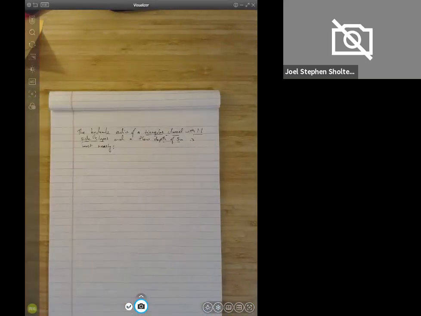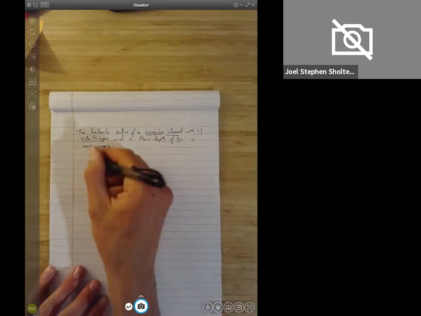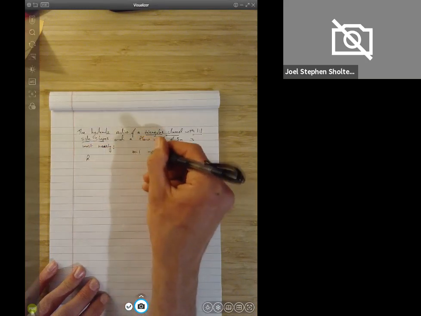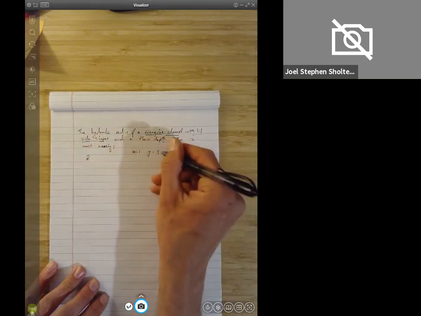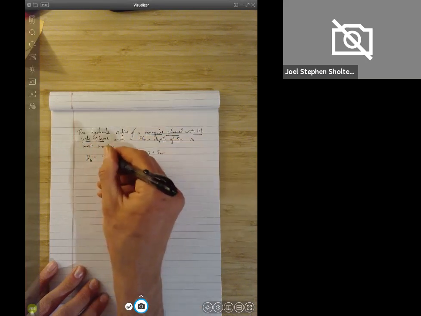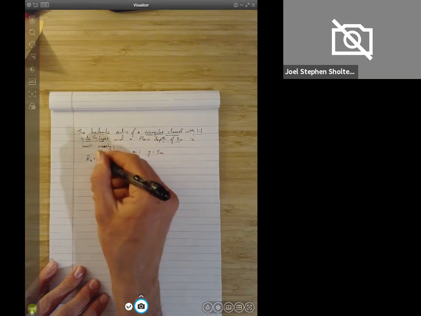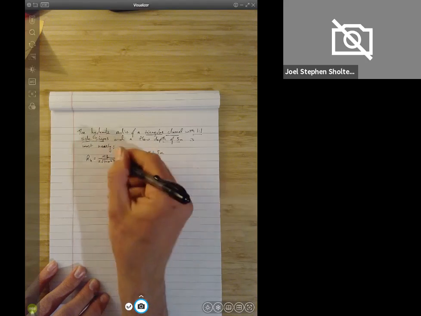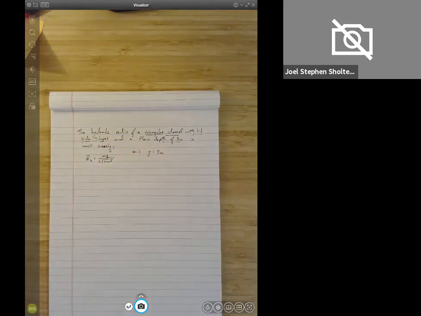So let's do that. Hydraulic radius, we say M is equal to 1, Y is equal to 5 meters. Our hydraulic radius is equal to M, Y over 2 square root of 1 plus M squared. All right, now you could solve this yourself based on the side slope or based on angle.